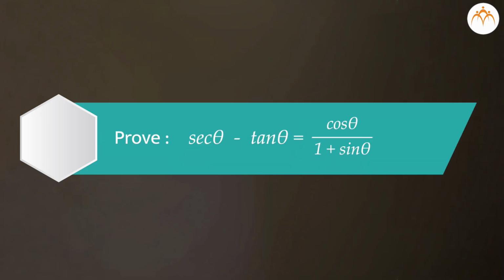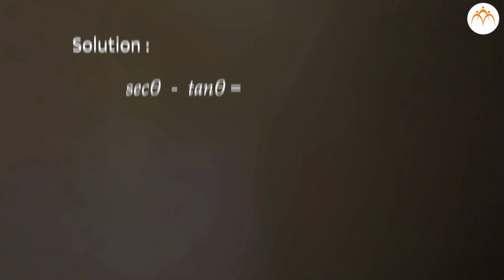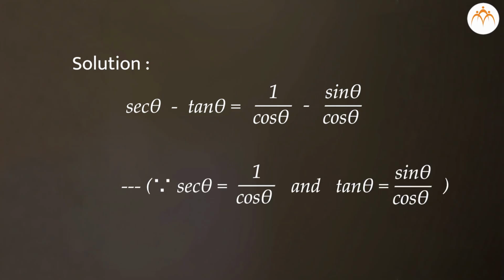Now, prove the following equation. Sec theta minus tan theta is equal to cos theta upon 1 plus sin theta. Let's solve and prove this. Solution: sec theta minus tan theta is equal to 1 upon cos theta minus sin theta upon cos theta, because sec theta is equal to 1 upon cos theta and tan theta is equal to sin theta upon cos theta.